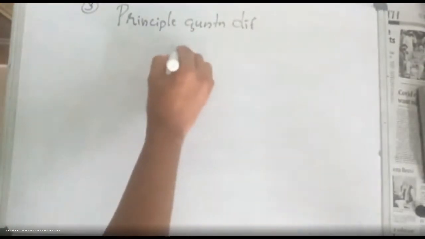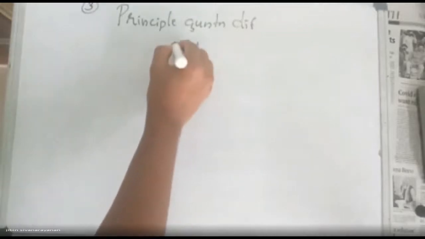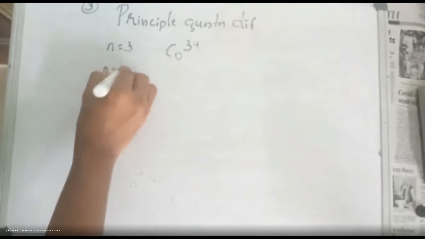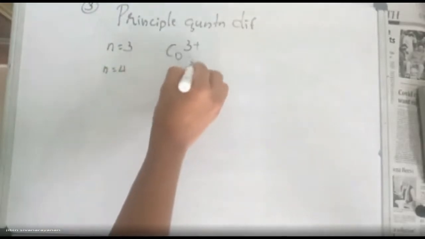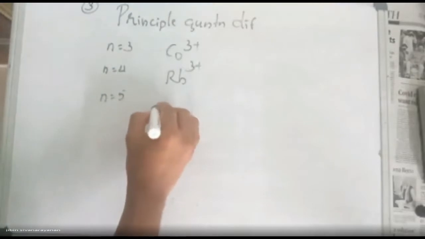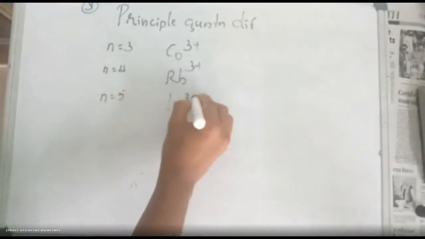We are focusing on cobalt 3 plus, which is n equal to 3. Then n equal to 4, it is rhodium 3 plus. Then n equal to 5, iridium 3 plus. These are different transition series: first row, second row, and third row transition series.